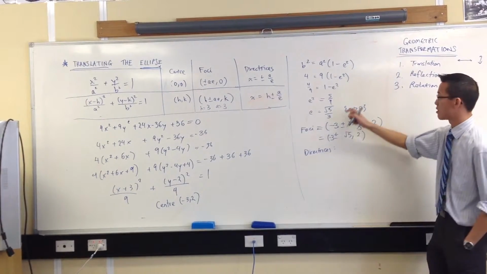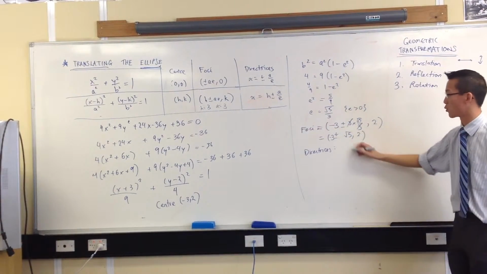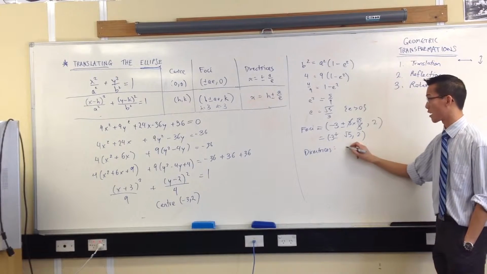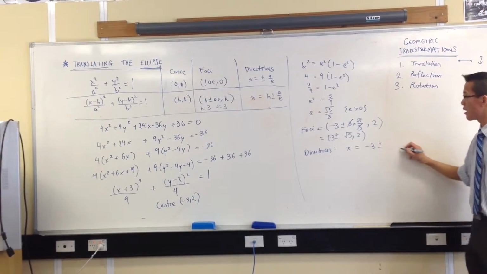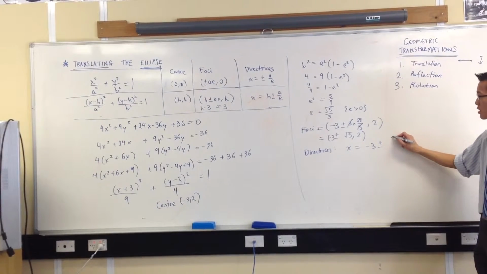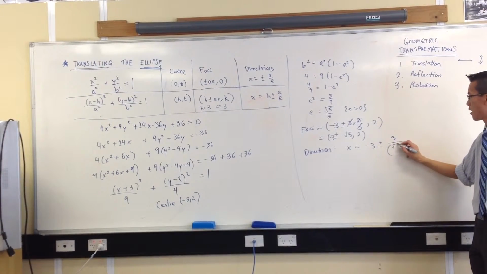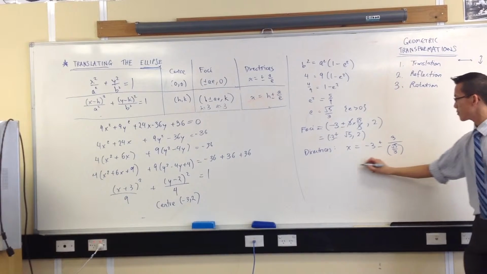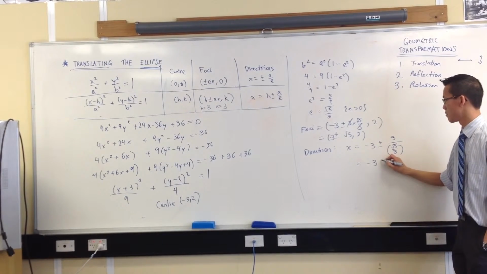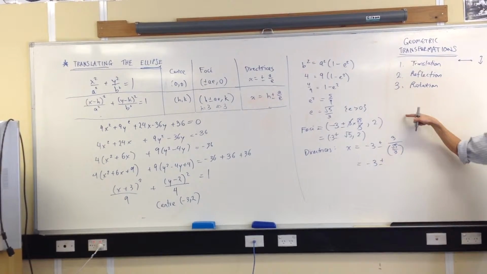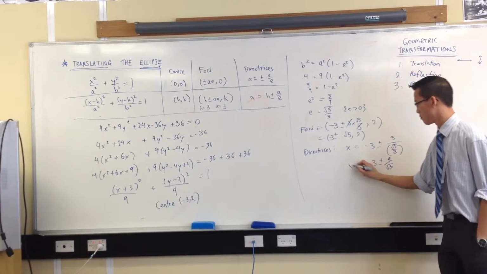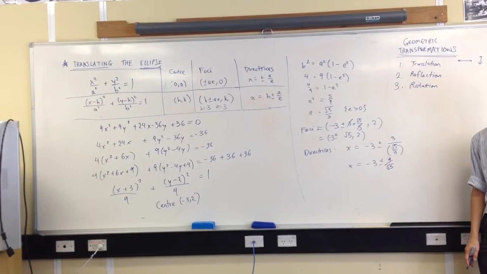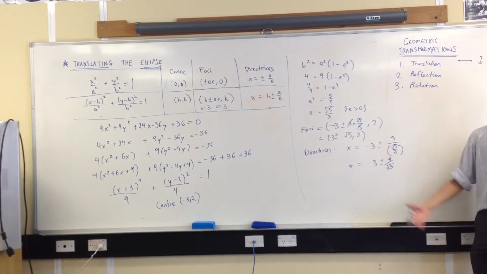Okay, directrices, they're actually kind of simpler, to be honest. You don't have to worry about the y coordinates. So x equals h plus or minus a over e, which is minus 3 plus or minus 3 all divided by root 5 on 3. So that's minus 3 plus or minus, that 3 goes on the top, 9 on root 5. Are we allowed to write it as just plus minus?